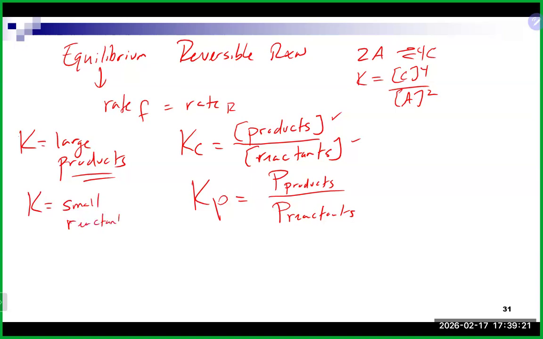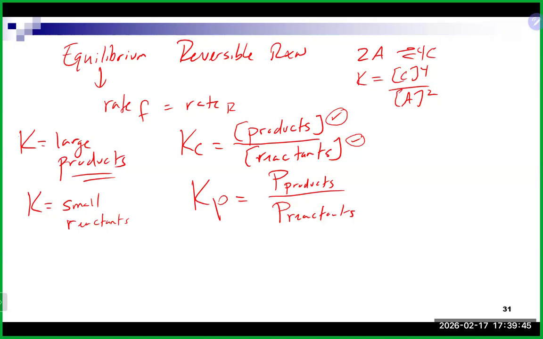We would expect reactants to be present. That's because we would have a larger value on the bottom and a smaller value up on top, which is going to give us a small value. Remember that anything above 1 is considered a large value of K. Anything less than 1 is considered a small value of K.